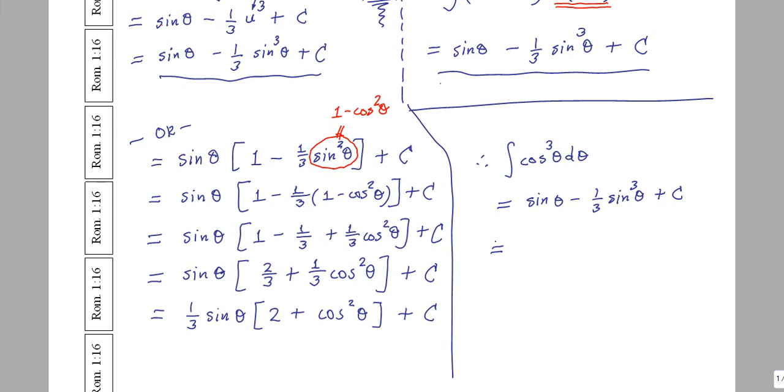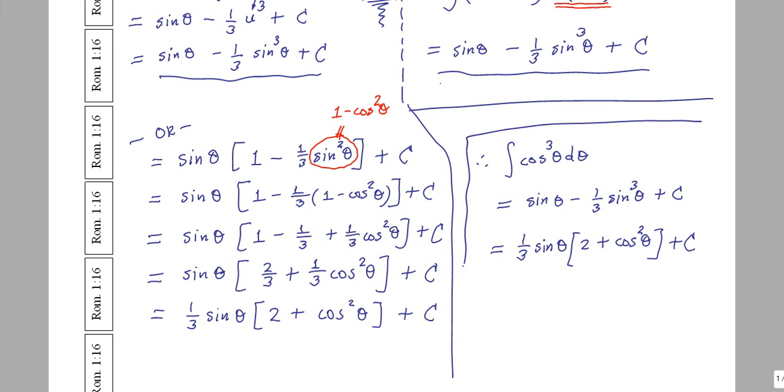That is also sometimes written in some textbooks as a third of sine of theta times the expression 2 plus cos squared theta, plus a constant. So it's your pick, however you like to look at it.